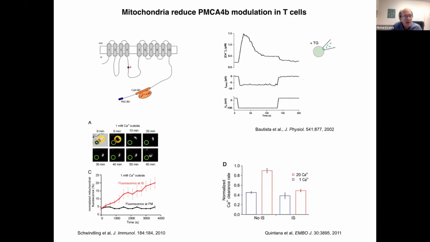The uptake of calcium by mitochondria reduces the upregulation of the pump, shown here at the immune synapse, enhancing more sustained calcium signals at the synapse.